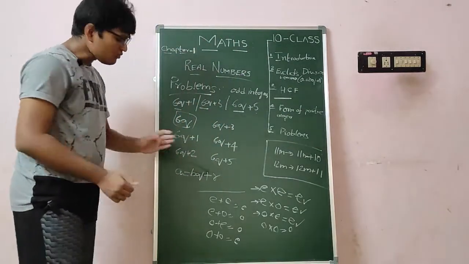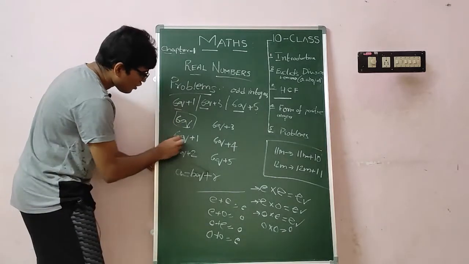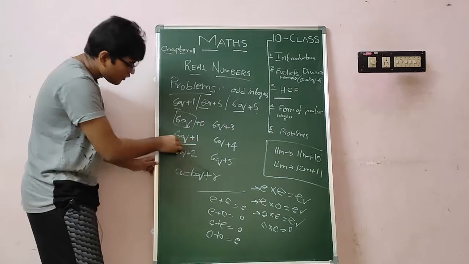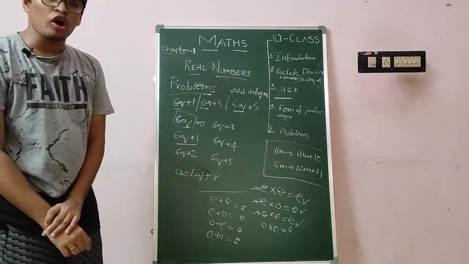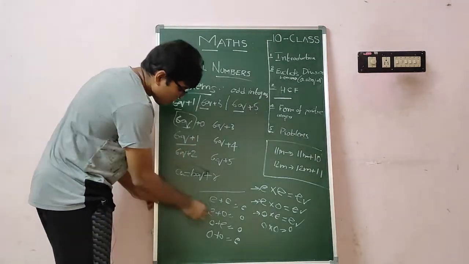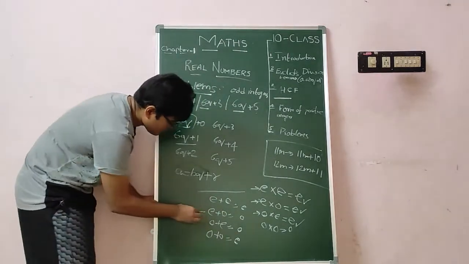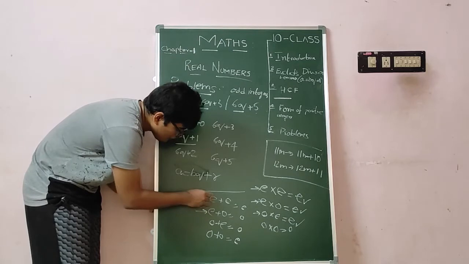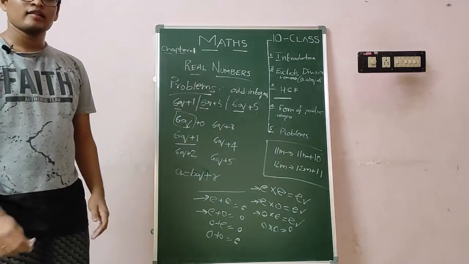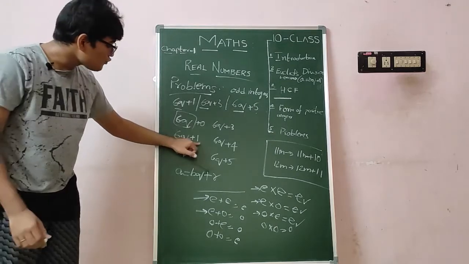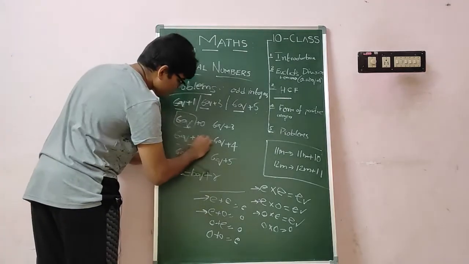Now we come to the addition. These all are even, right? This number is even, but we need to know whether 6q plus 1 is even or odd, and we know from here even plus odd is odd, and even plus even is even. So if this is already even, and if you add an odd number, this will be odd.